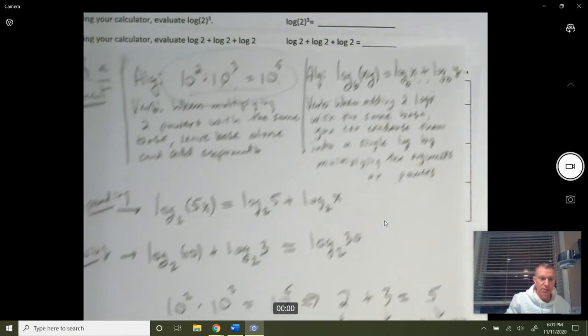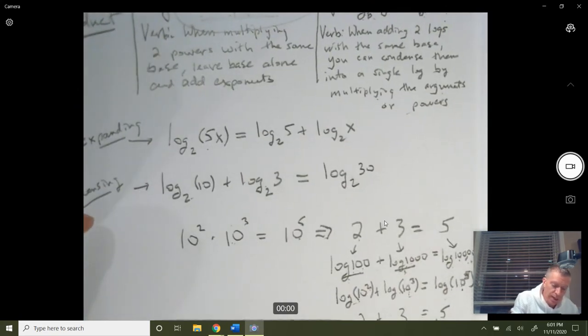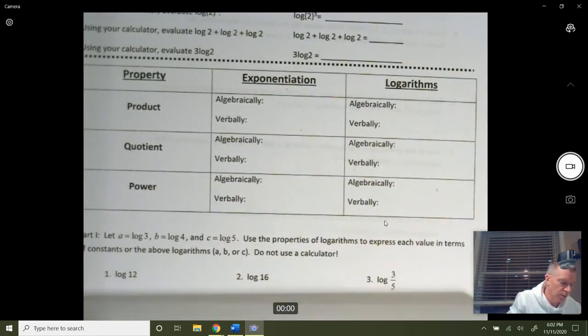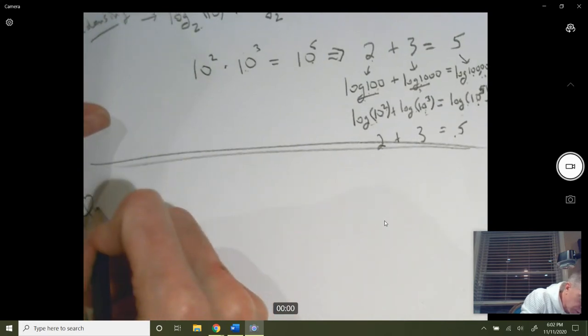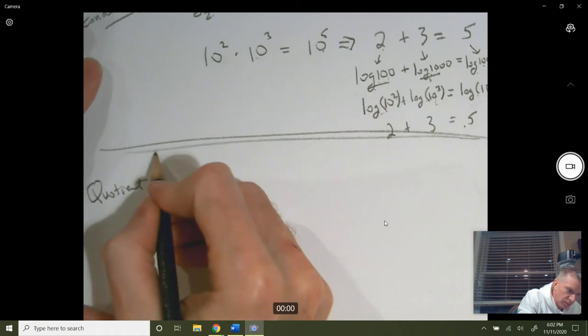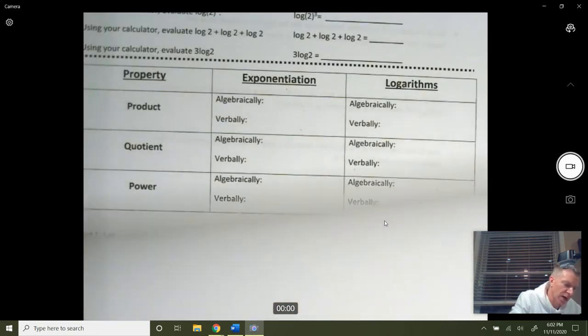I know this was a lot to fit in that little box. Let's go to the next one, which is the rule for a quotient. So now we're going to go to quotient. The first box is for exponentiation.